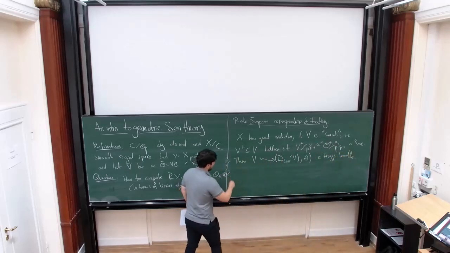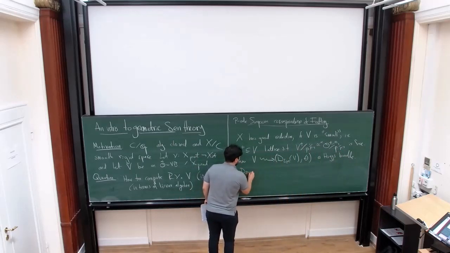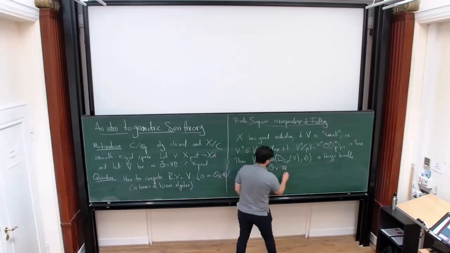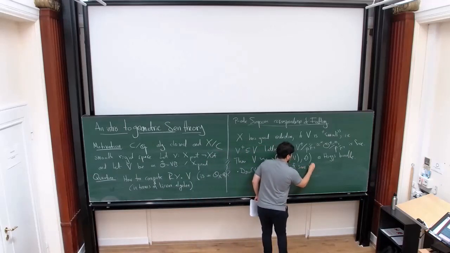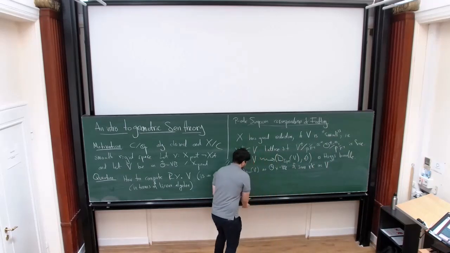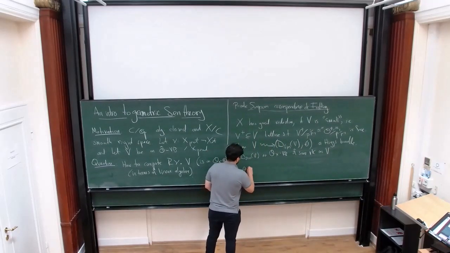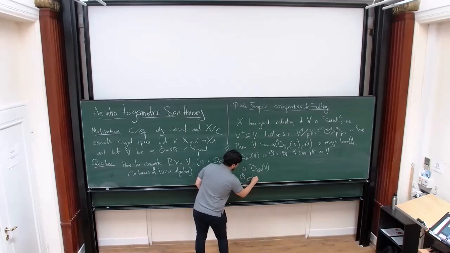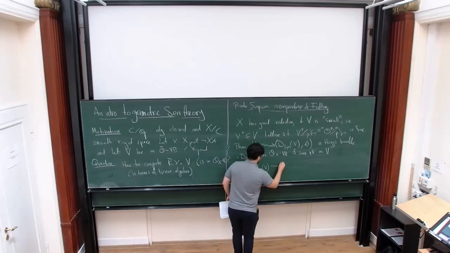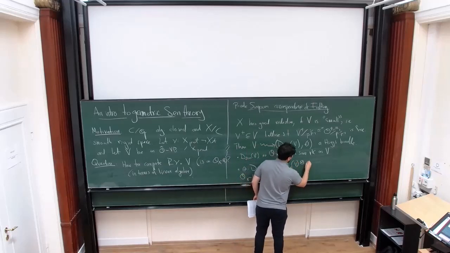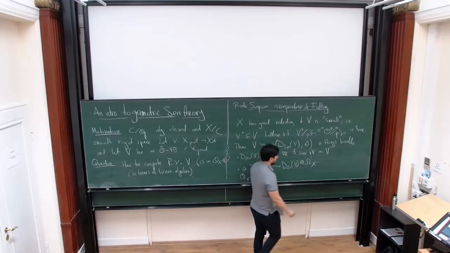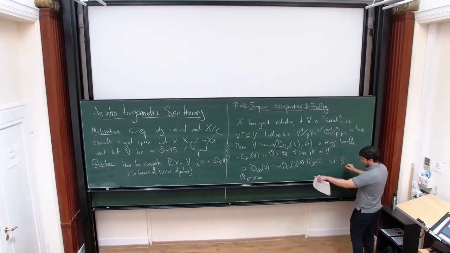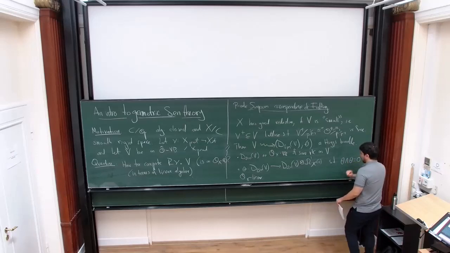This is the Higgs field, the data of a vector bundle of the same rank as V. And theta is what I call a Higgs field, which is a map from this bundle to this bundle tensor the differentials of X, maybe with a twist by minus one, satisfying the property that theta wedge theta equals 0.